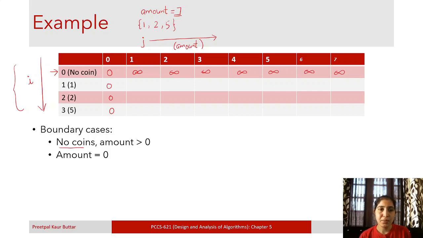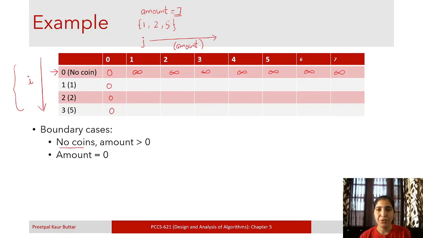Now let us move to the other sub problems. Now these sub problems are dependent on the sub problems which we have solved previously, right? So these sub problems will help us to solve these subproblems, right?